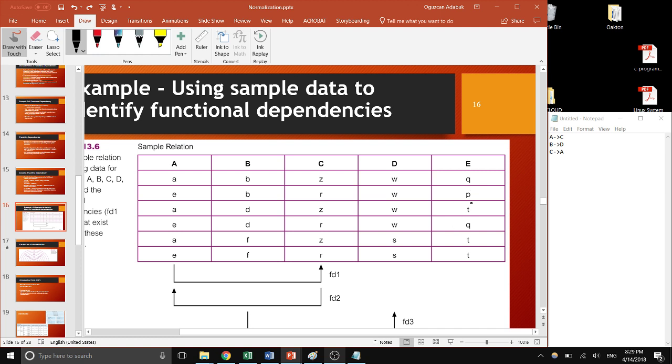And for the last attribute, E: for Q there is A, for P there is E, for T there is A. Okay, so far it's fine.